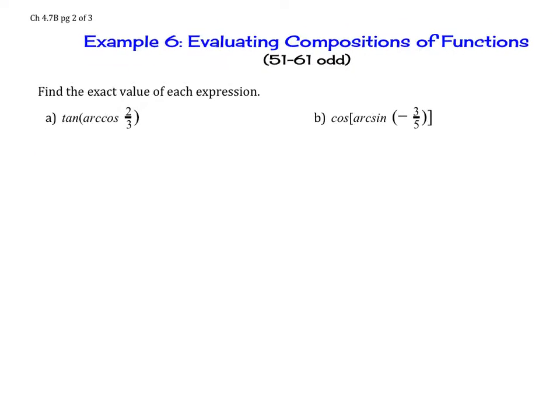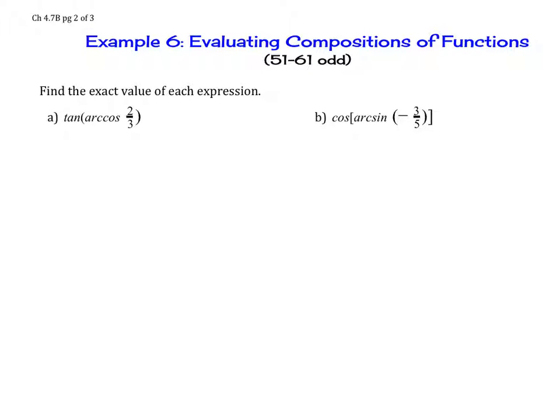So let's evaluate compositions of functions. Find the exact value of each expression. We have tangent of arc cosine of 2/3. Notice it's different here. We can let u equal arc cosine of 2/3.